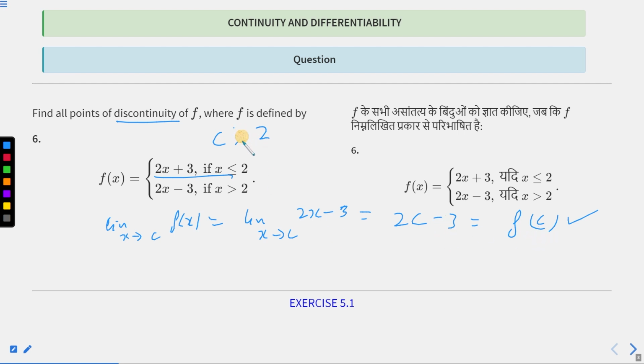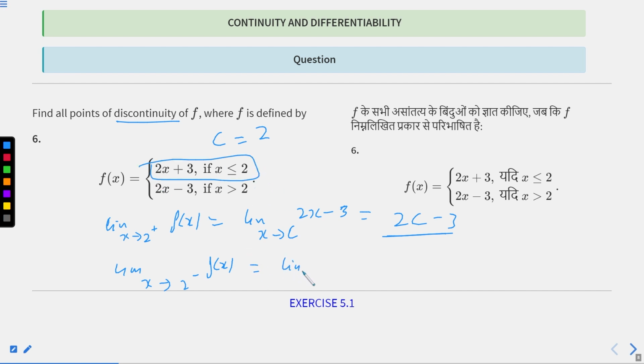But if you talk about 2, then you have two things, the left hand side limit and the right hand side limit. The right hand side limit, the function will be this. Okay, so far so good. For the left hand side limit, your function value will be this.